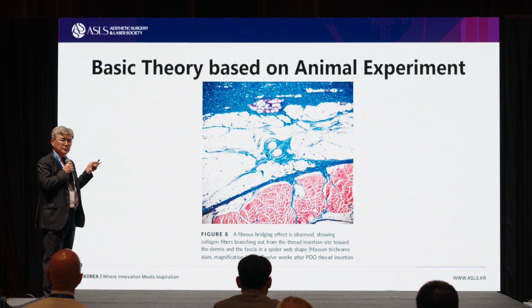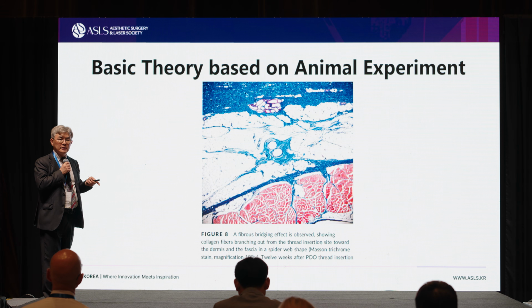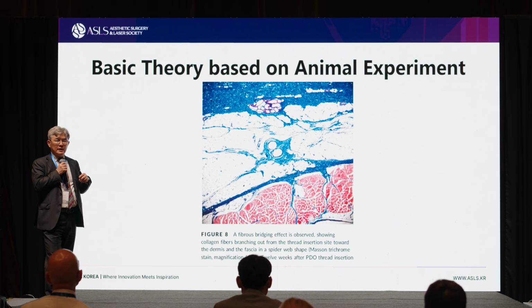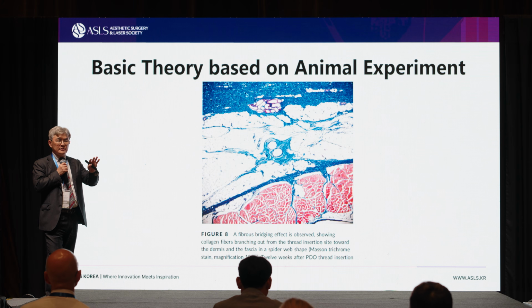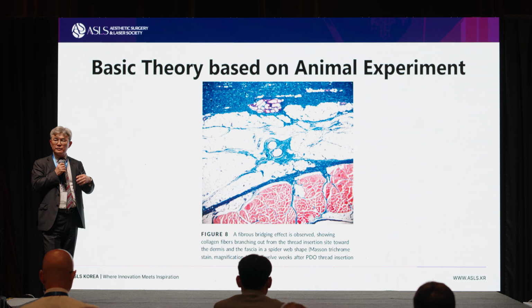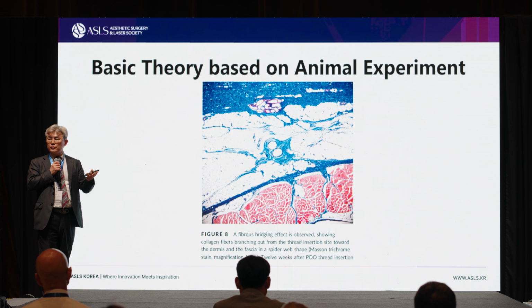Its name is fibrous bridging. Fibrous bridging is a newly made retinacular cutis. So I already said to you, the aging face has reduced collagen fibers and is more sparse, with loosening of the retinacular cutis. So we have to increase the collagen fibers and make a new retinacular cutis.